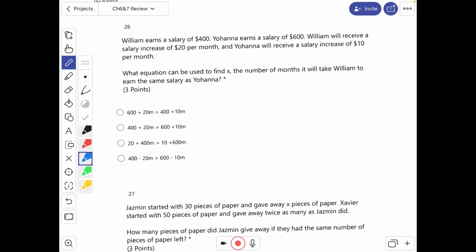Let's put all of William's information together first. William earns a salary of $400. That's his starting point. And then he will receive an increase of $20 per month. Increase means plus. $20 per, that's a multiply word, so $20 times month, which they said to use X. So 20 times X.